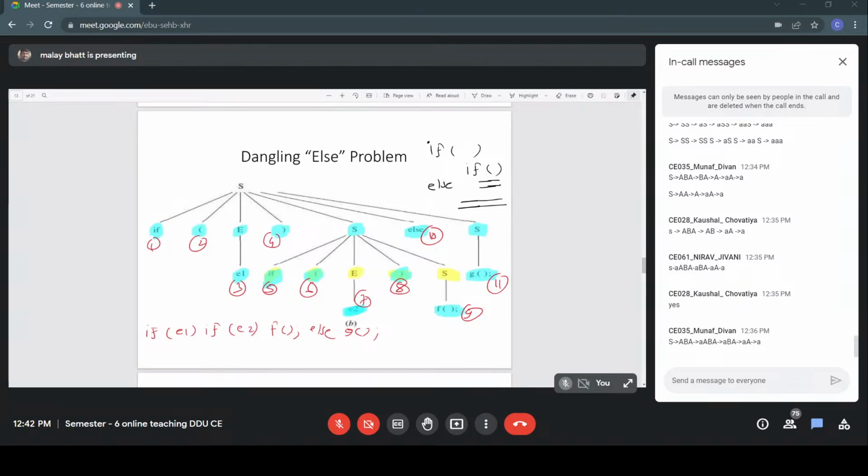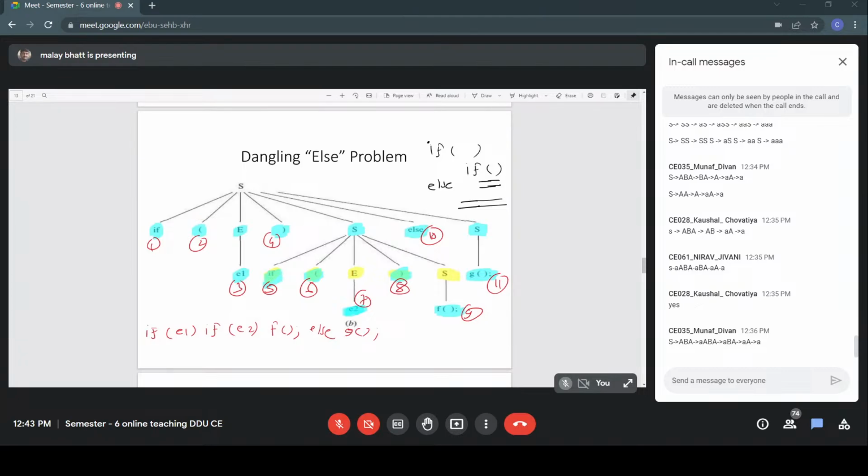So you can see that if (E) is converted to E1, then closing parenthesis, then the first S is converted into if (E2) and S. We are writing only the if statement from the S. So now when you write this in the form of a final expression, we will get this: if (E1), again if (E2), function call for f, else function call for g.